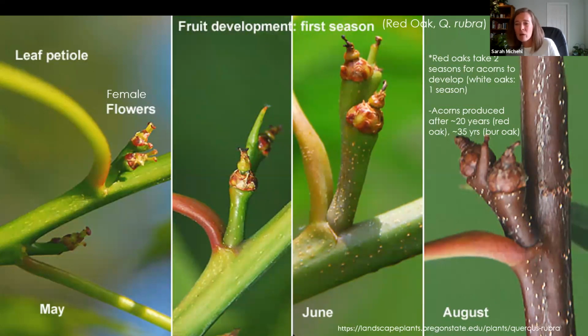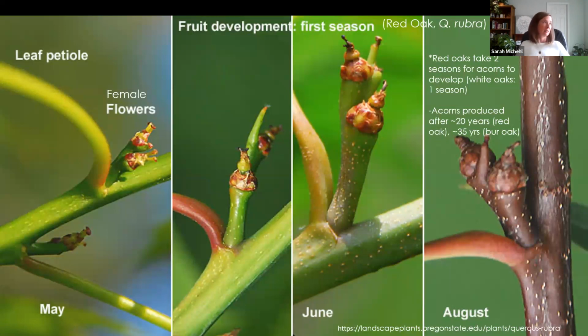Some oaks, like the red oaks, take some time to develop the acorns, so two seasons for the acorns to actually grow to maturity. White oaks take one season. And then people always ask me, how old do oak trees need to be before they're going to produce acorns?